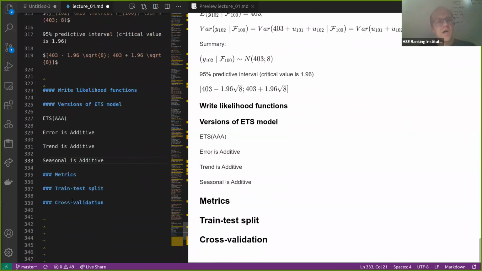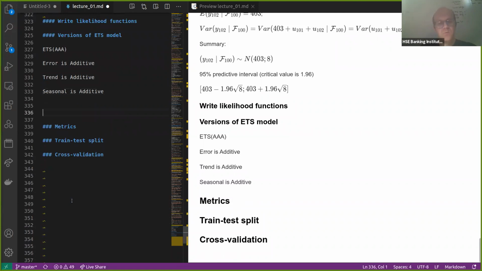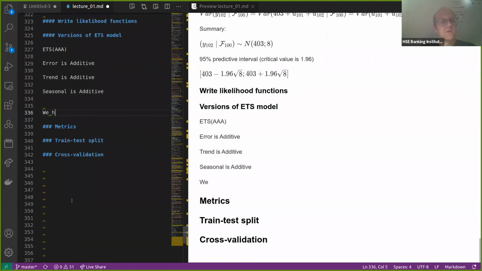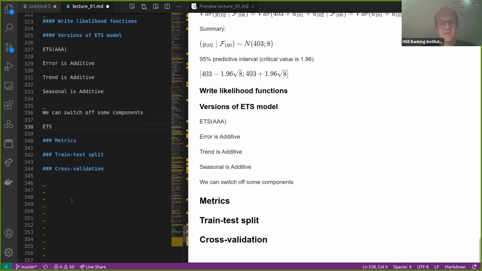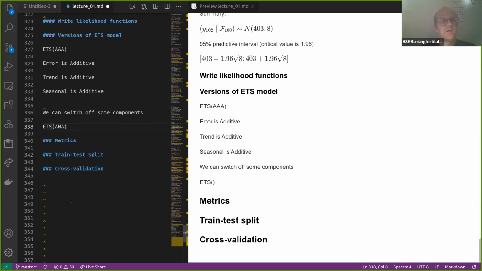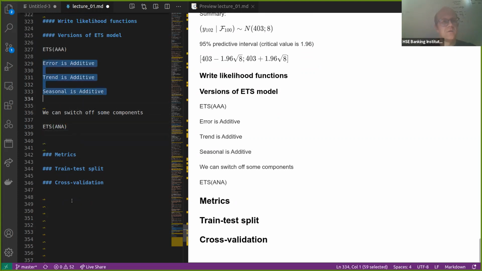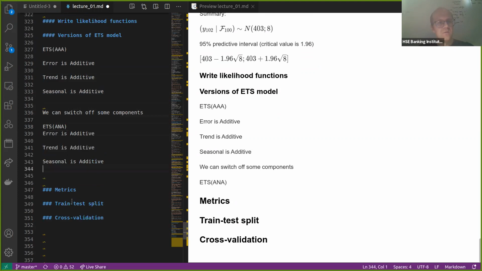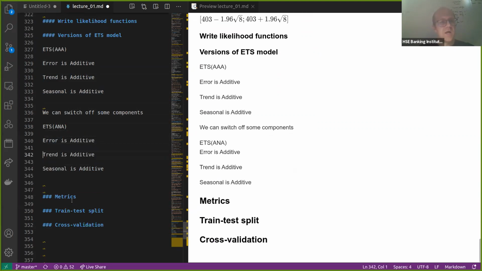What versions are possible? For example, we can switch off some components. For example, we can consider ETS ANA model. What does it mean, ANA? That means error is additive.